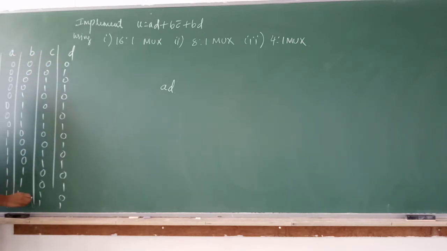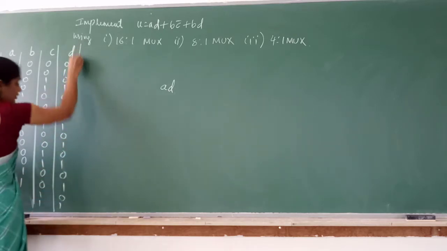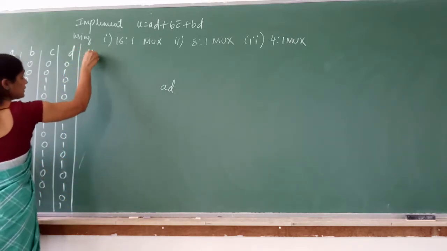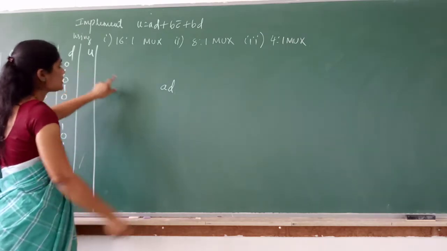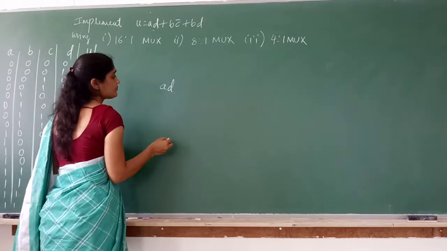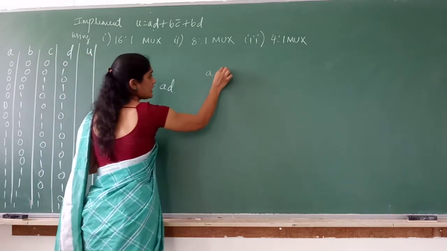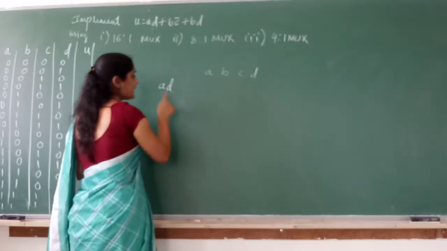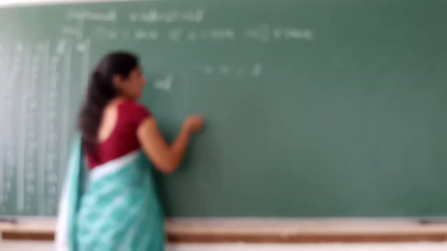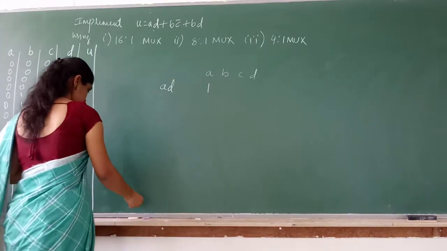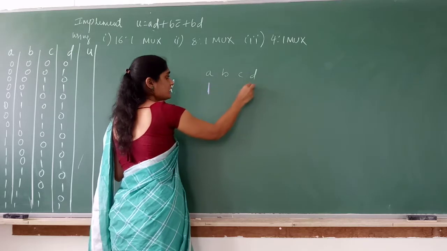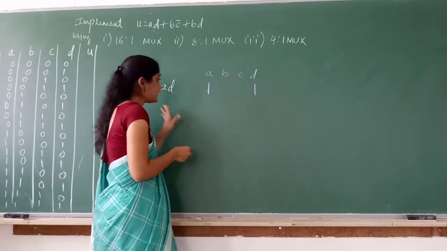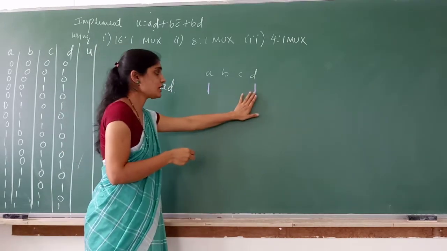Now I have to write what is the output function U for these input combinations. For that, to write the min terms, I will take the first term, that is AD. So we have A, B, C, D. AD means A is 1 and D is 1.